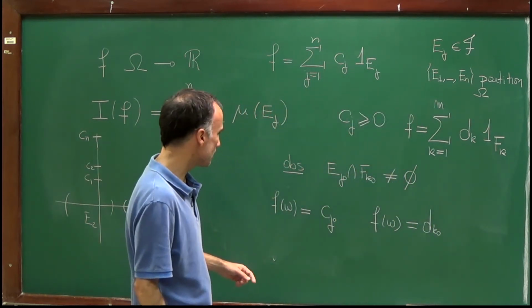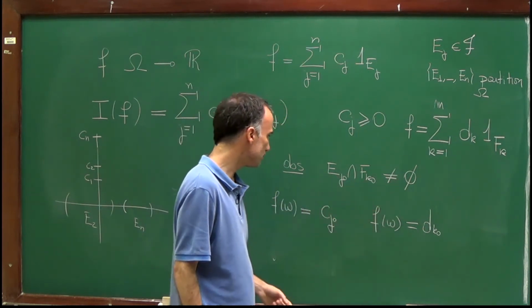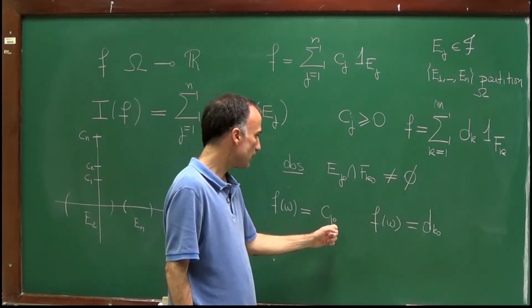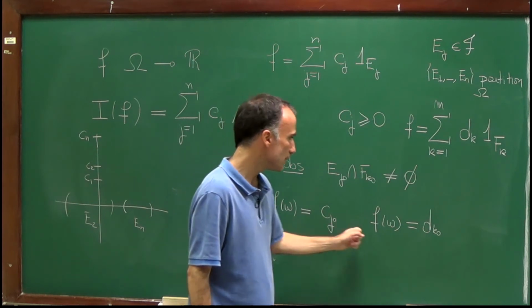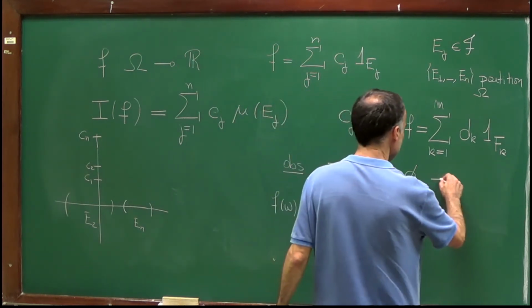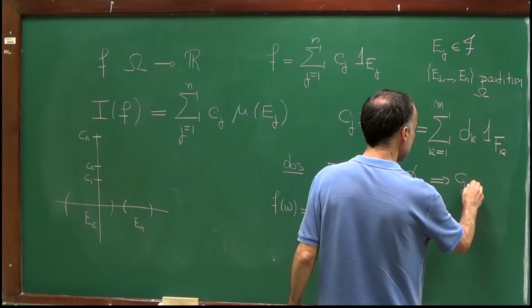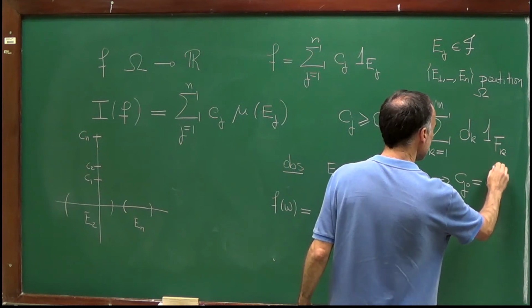So this means that whenever the intersection of these two sets is not empty, then Cj0 is equal to dk0, right? So let me write the conclusion. In this case, we have that Cj0 should be equal to dk0.